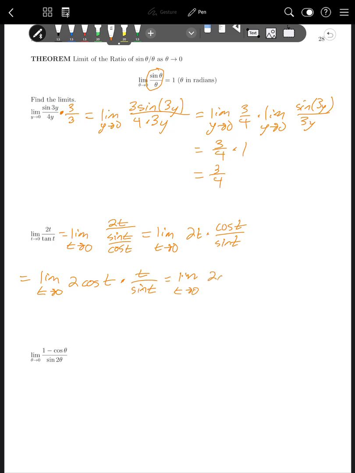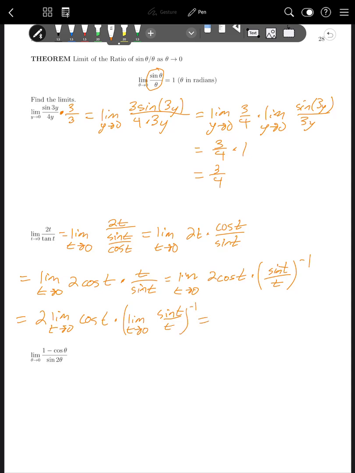So this will be cosine t times sine t over t to the negative first. And now we can use our limit rules, so this is 2 times the limit as t approaches 0 of cosine t times the limit as t approaches 0 of sine t over t to the negative first power.